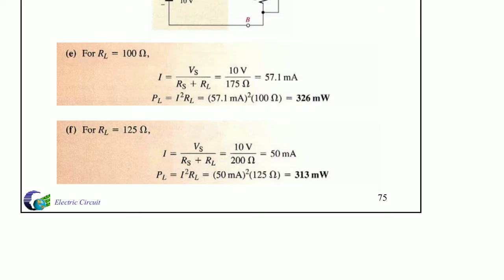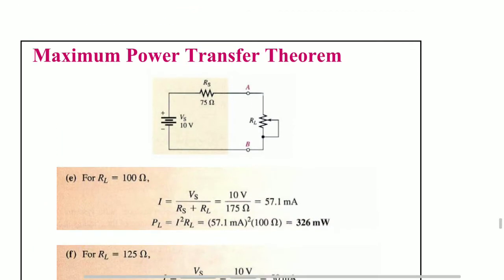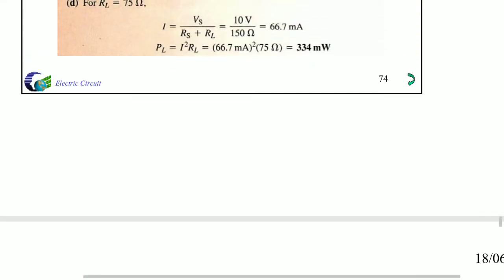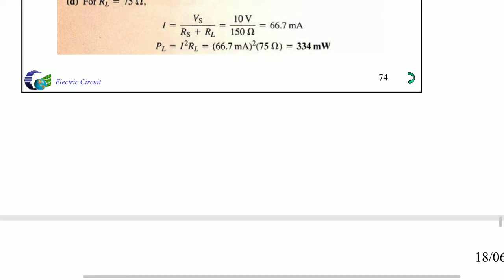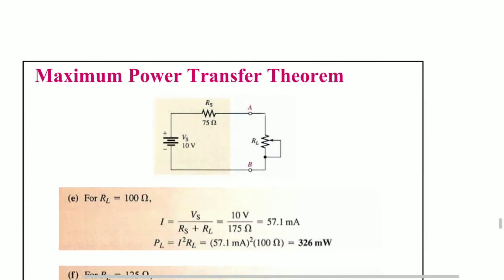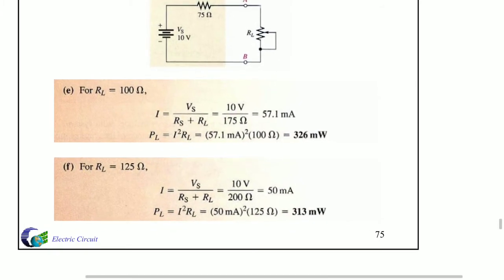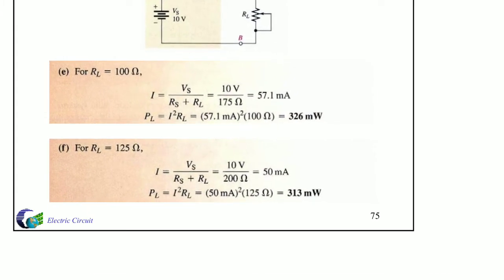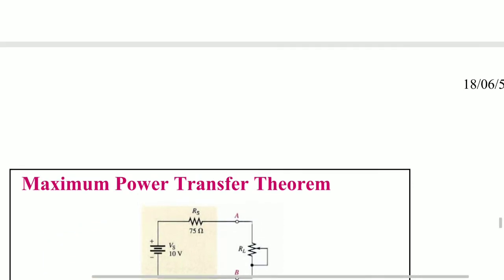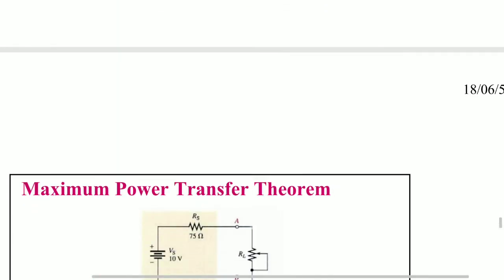By observing this, at a point power increases to a maximum level, and after that it is decreasing. The power goes from 334 milliwatts down to 326 milliwatts. That means power decreases as the load keeps increasing beyond the value equal to the source resistance.